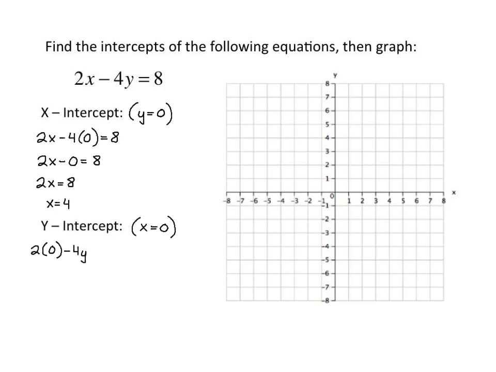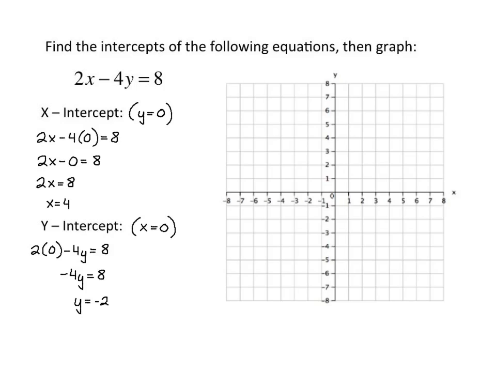Notice I'm plugging in for x this time. I know that the whole 2 times 0 term just becomes 0. So I'm now just left with negative 4y equals 8. And if I now divide by that negative 4, I'm just left with y equals negative 2 for my second intercept.